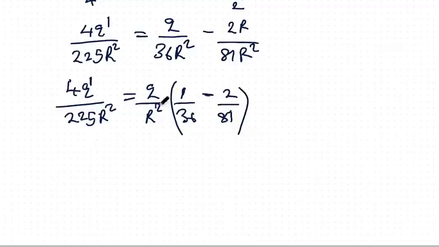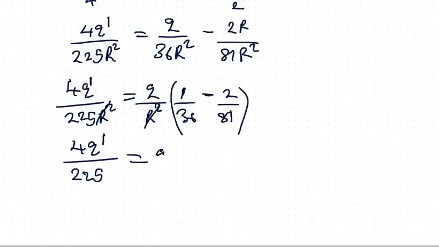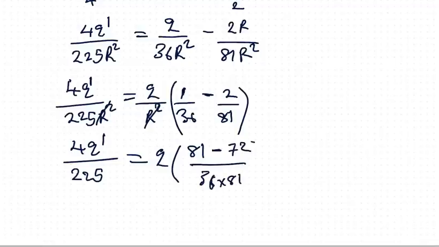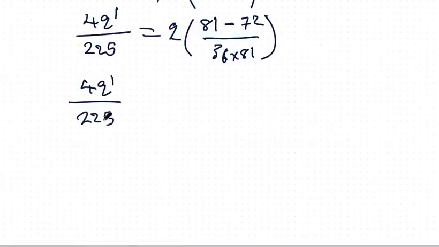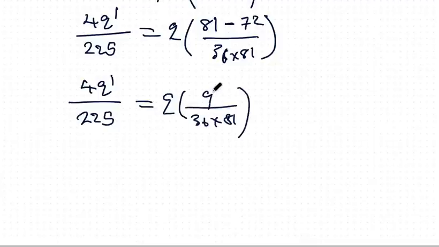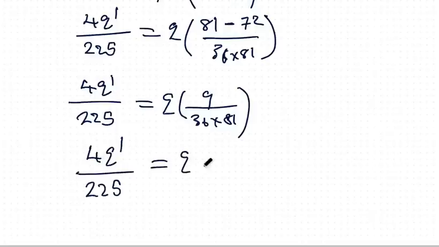So at this point, r squared and r squared can cancel themselves, and I will be left with 4q prime divided by 225 is equal to q, that is 81 minus 36 by 2 would be 72, divided by 36 by 81. So 4q prime divided by 225 is equal to q into 9 divided by 36 multiplied by 81, and I think 9 can cancel something here, then we'll be left with q prime divided by 225 is equal to q into 1 over 36 multiplied by 9.